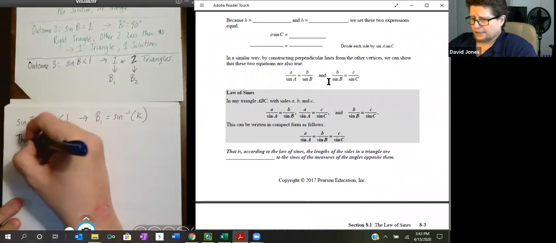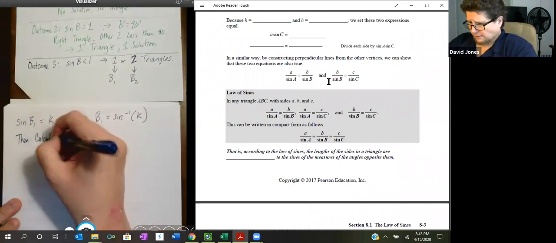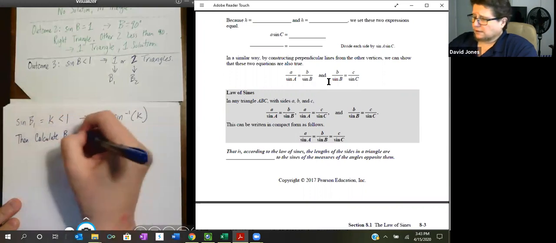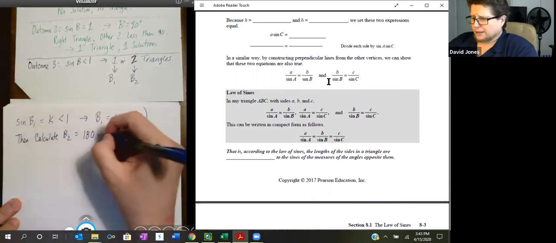Then calculate B2. That's got to be the supplementary angle.